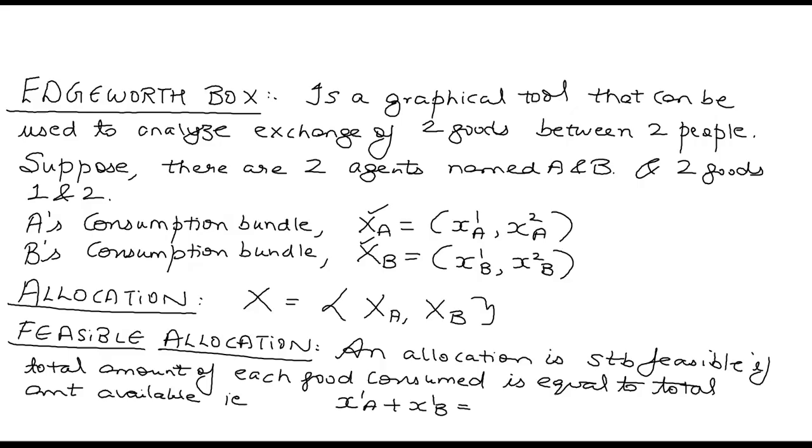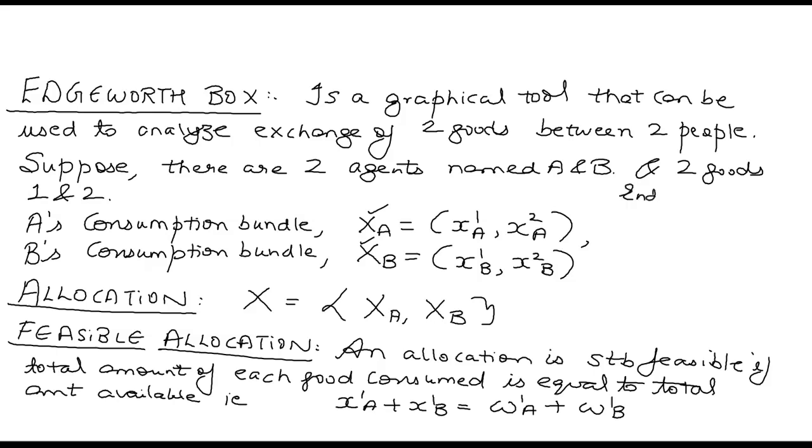Now, what is the total amount of good 1 available in the economy? The total amount of good 1 which A is endowed with plus the total amount of good 1 which B is endowed with. These are my endowment vectors. I can write that A's consumption bundle is this and A's endowment bundle is this.